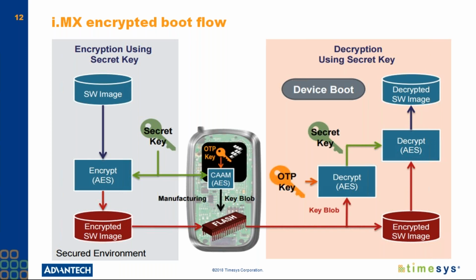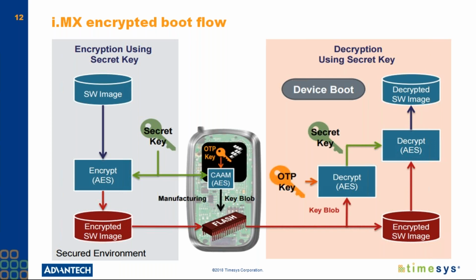And then it uses that key to decrypt the encrypted software image, such as U-boot. Once it does that successfully, it jumps from the ROM code to the U-boot code, and the device continues to boot.